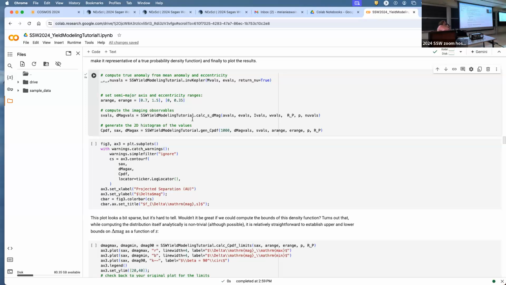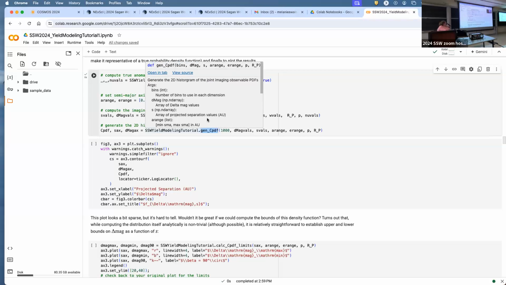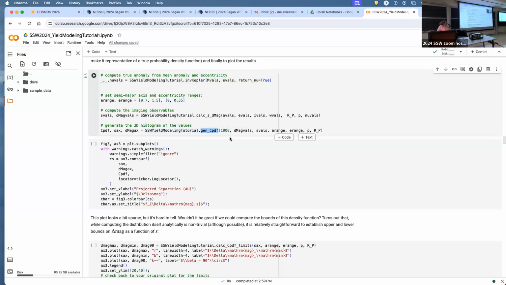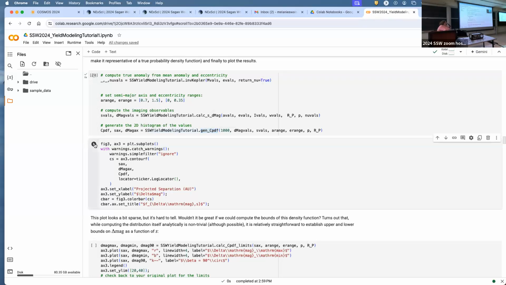Then we're going to generate a 2D histogram of the values, with this function, the completeness probability distribution function. If you take a peek under the hood there, that's only the documentation part of it. There's some pretty cool stuff in here about making sure we pay attention to the bin sizes and the normalization so that that's all correct. So on to a plot.